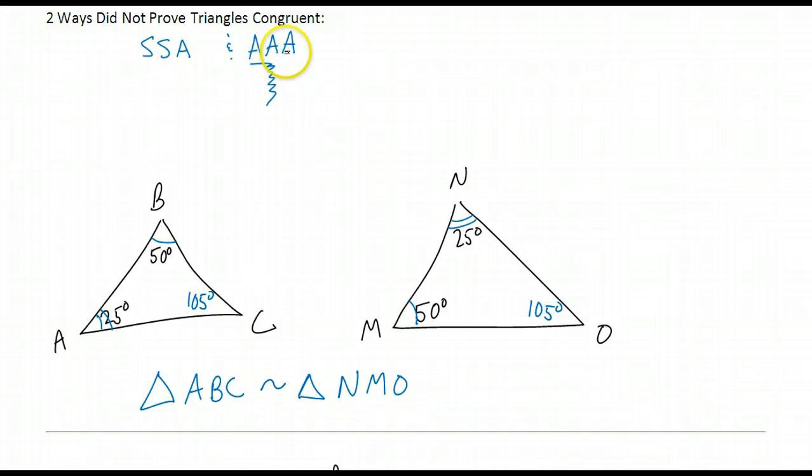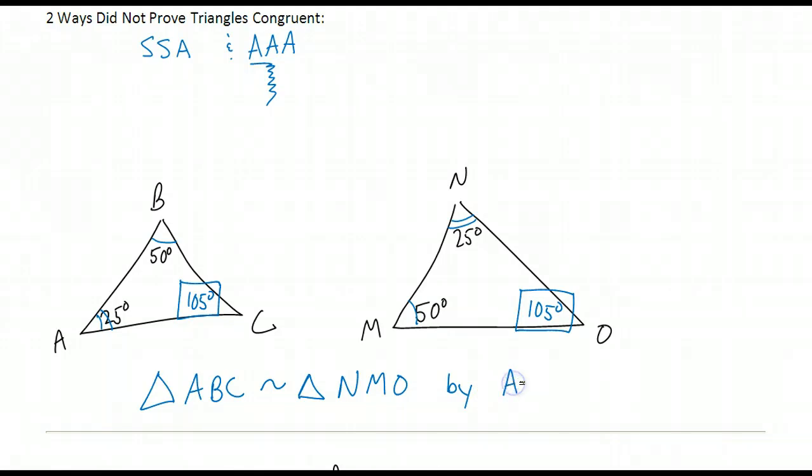So angle, angle, angle doesn't prove triangles congruent. It actually proves triangles similar. And in reality, we didn't need this third angle, because automatically in a triangle, if we know 2 angles, that third angle is going to automatically be congruent. So we're not going to call this the angle, angle, angle postulate.